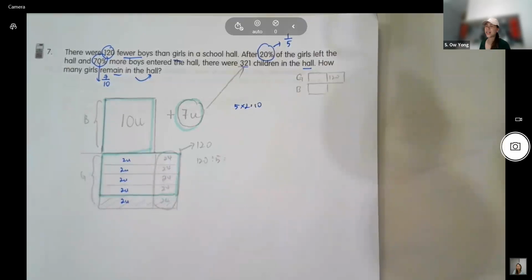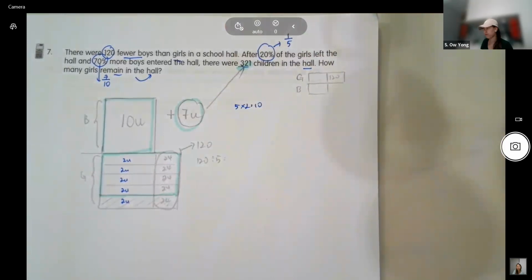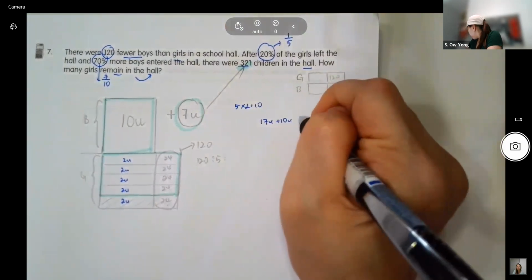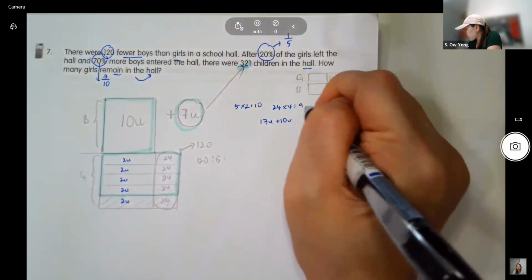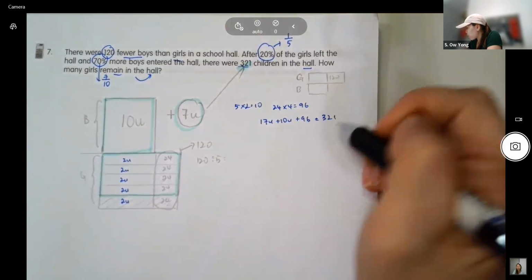All the ones that I highlight in green add up to give you 321 children. So you take 17 units here plus 10. And of course, you take 24 times 4 to give you 96. This will give you 321.